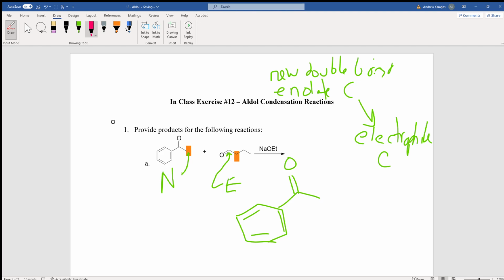So this is our new double bond. And then our aldehyde, which was a 4-carbon aldehyde, will then get connected on the other side. And we have our product. Trans double bond, almost always favored in these reactions over cis due to the stability of the product.